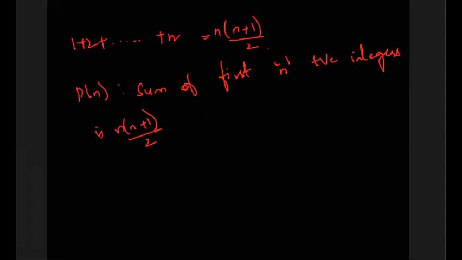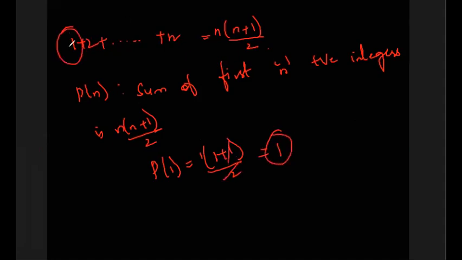To prove that P of n is true, we first check for P of 1. What will be P of 1? It is 1 into 1 plus 1 by 2, which gives 1. And what is the first term? It is simply 1. So P of 1 is true.